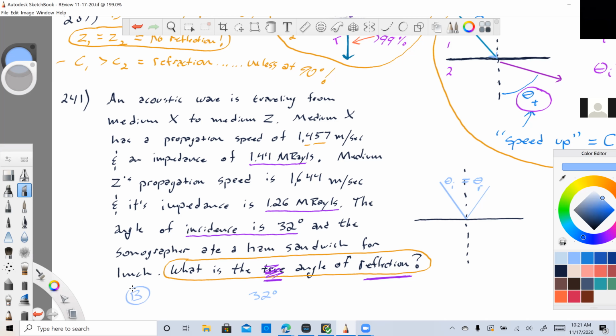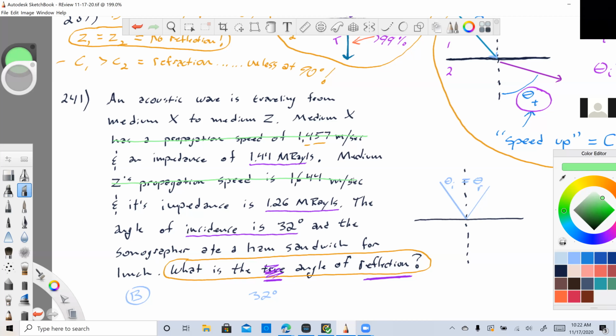Okay. So what was all the bad information here? We didn't use propagation speed at all. We didn't really use the number, but we know the number was different in rayls, so we'll leave that.